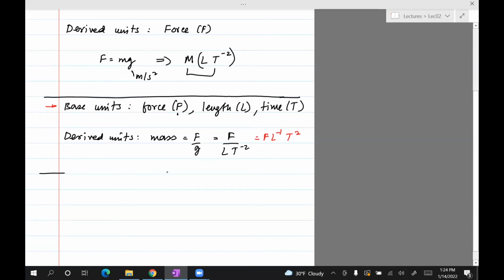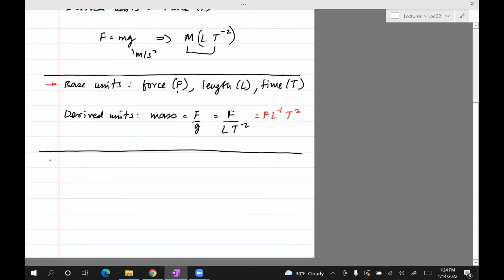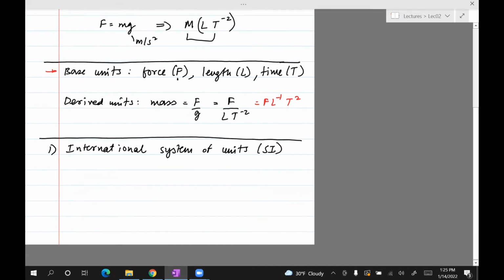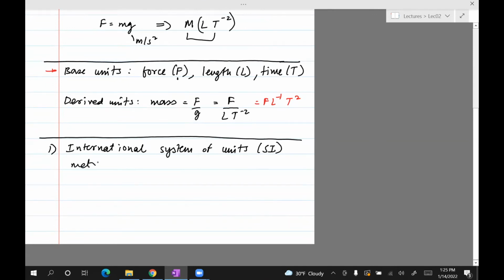Now, there are three main unit systems we'll be talking about in this class. First are the SI units, the International System of Units, also known as the metric system.